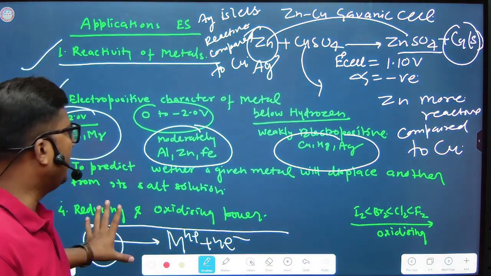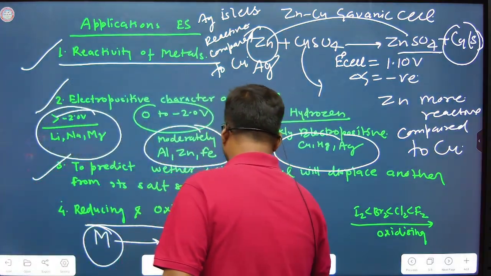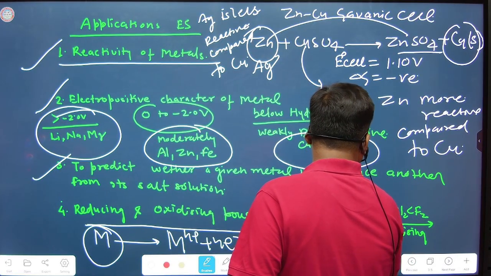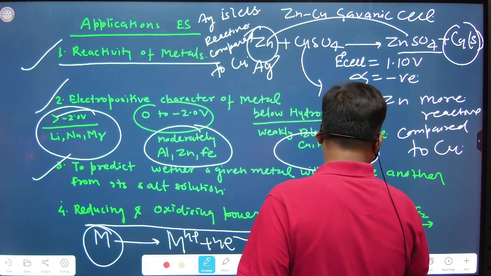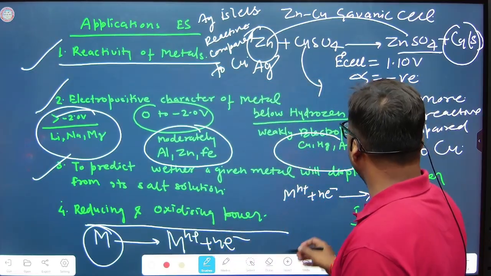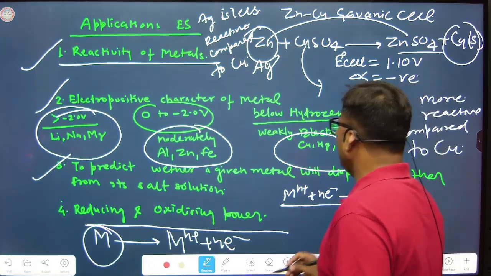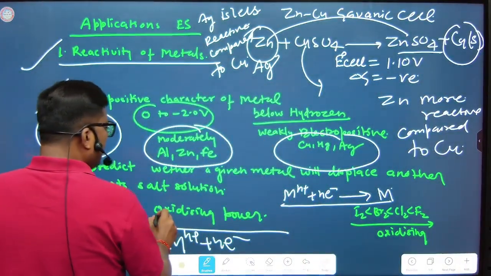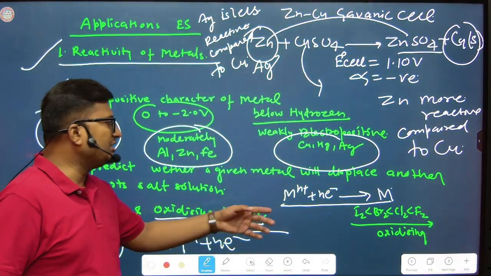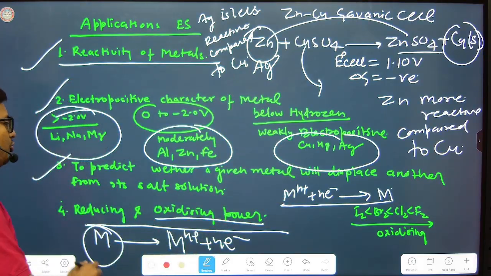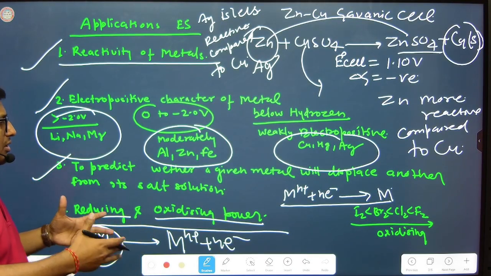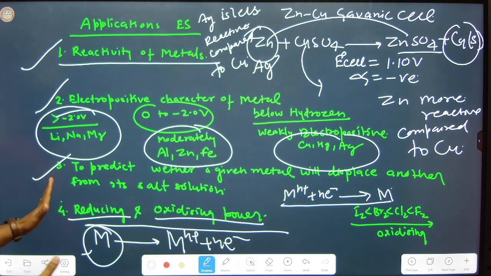So it is reduced, like Mn+ plus n electrons getting back to M. Here the oxidation number decreases. It means there is a reduction reaction. In the determination of oxidizing power, we just explain the reduction reactions, and in the reducing power, we just explain the oxidation reactions. They are complementary to each other, they are reverse to each other.